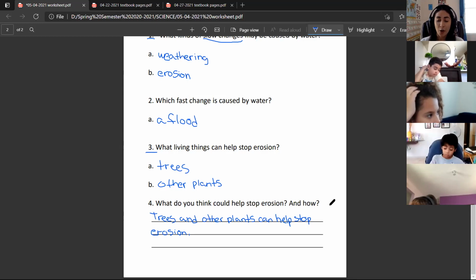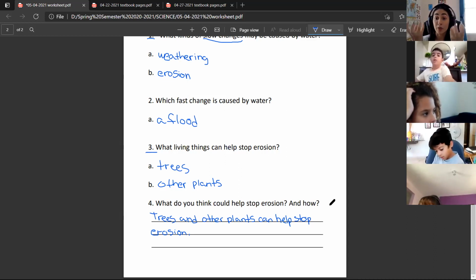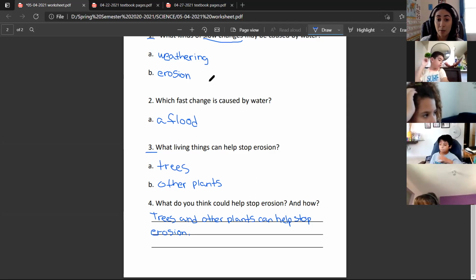So how do they do that? What do you think? When you pour water to the tree, the roots of the tree are going to absorb that water. Remember what I said about erosion, that either water or wind is going to move that soil and those rocks away.